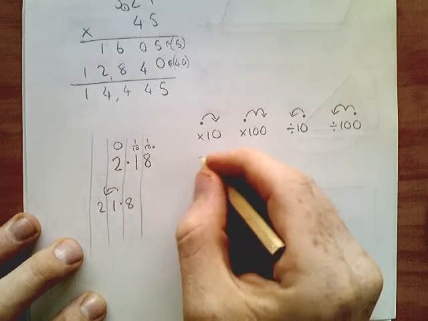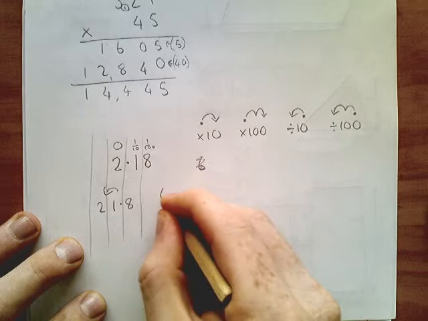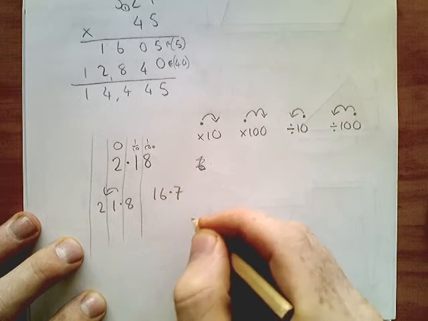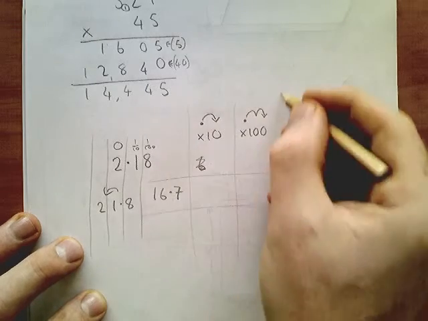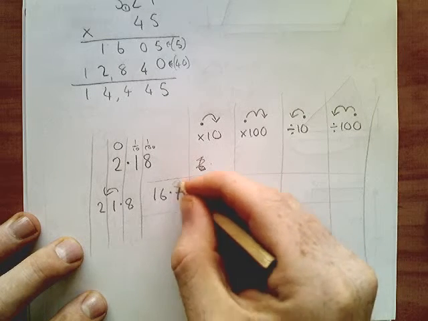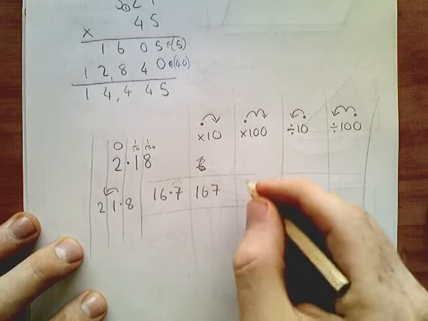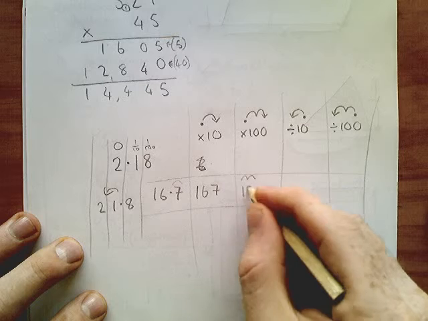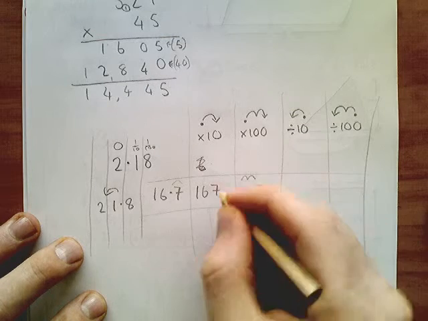Okay, so if I had 16.7 times 10, and let's jump over there, times 100, and it's going to jump 2 places. So we got to put in a 0 there.